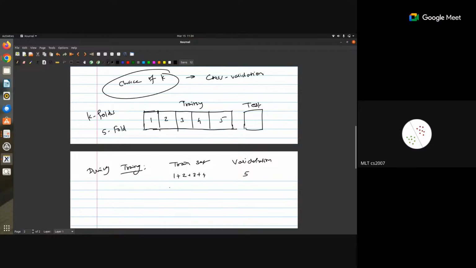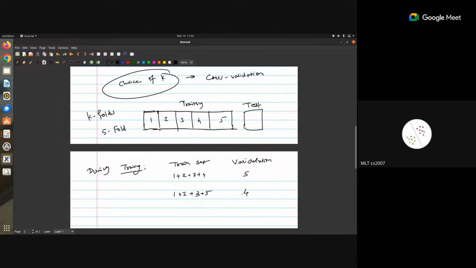And what do you do next time? Next time you will take 1 plus 2 plus 3 plus 5, all the data in these four folds, and you train your model on this data. And then maybe you take the fourth fold. When I say this four, how many data points will be there?